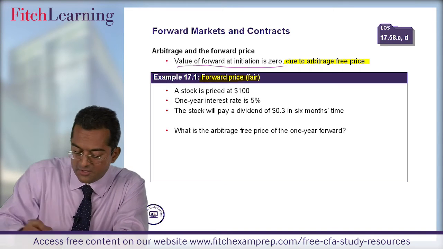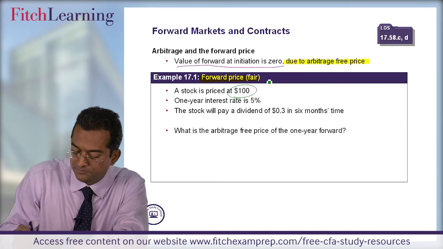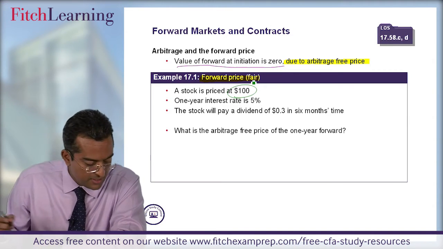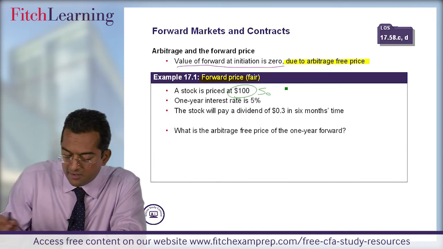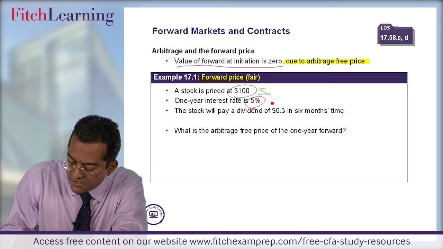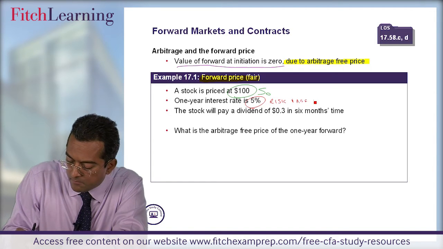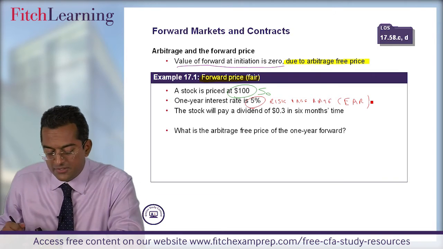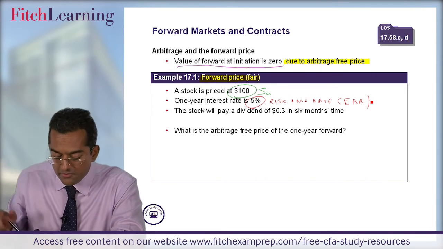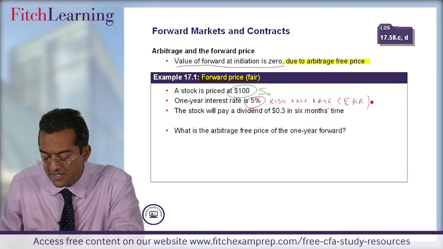Stock is priced at $100. I suppose we say that's the current value, S0. 1 year interest rates are 5%. I'm going to assume that is the risk-free rate, on an EAR basis. The stock will pay a dividend of 30 cents in 6 months' time.